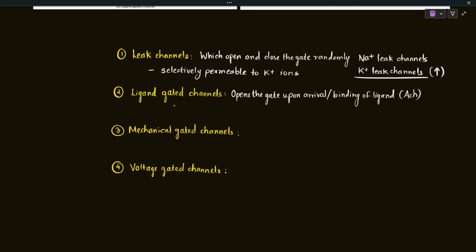So the ligand-gated sodium ion channels are the ones which do the influx of sodium ions, means they are going to take sodium ions into the cytosol from the extracellular matrix, while the ligand-gated potassium ion channels are going to do the efflux of the potassium ions, means the potassium ions will move out from the cytosol to the extracellular matrix.